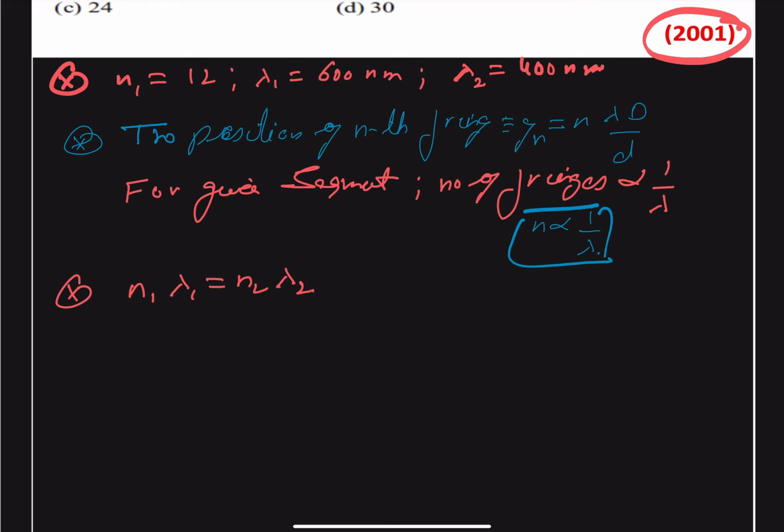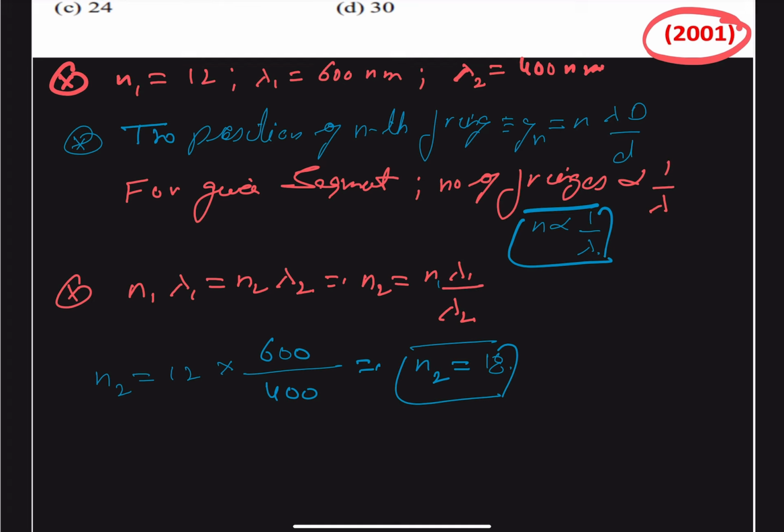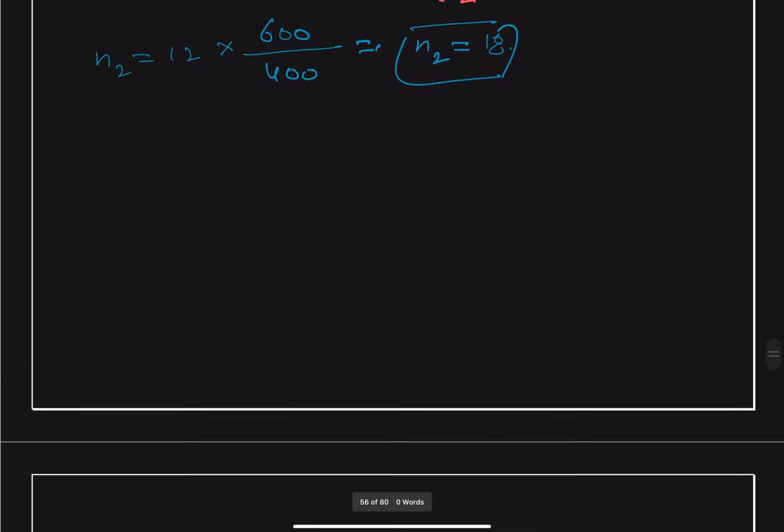We need to find n2, so n2 will be equal to n1 lambda 1 divided by lambda 2. Here n1 is 12, lambda 1 is 600 nanometer, and lambda 2 is 400 nanometer. So n2 will be equal to 18. In both cases this y n will be the same. Okay, next question.